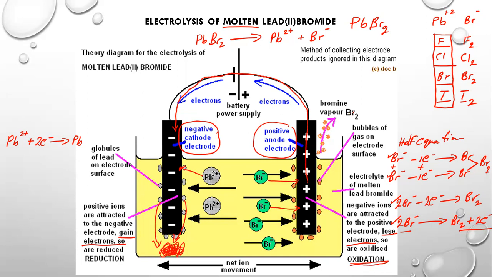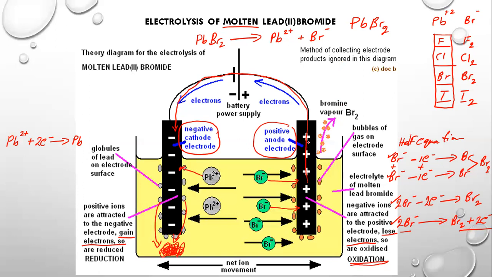Wait. So the negative charge that the lead takes, they take it from the bromine atom. Yeah, the bromide ion relinquished its electrons. It gave up its electron, or it lost its electron when it moved to the anode.